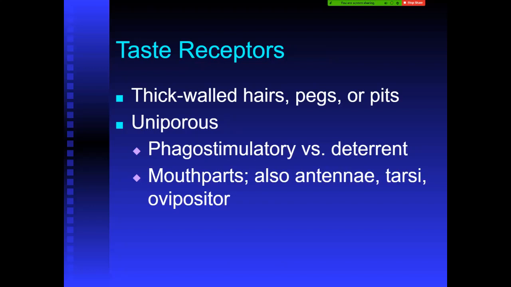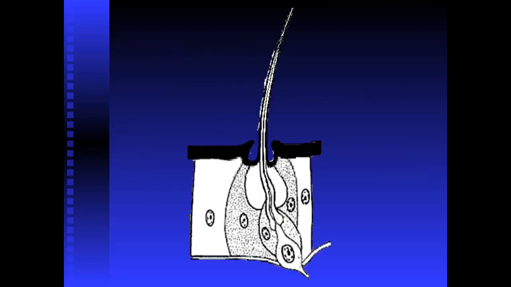Again, taste receptors are found on the antenna, the mouth parts, as well as the tarsi and the ovipositor. Remember, the tarsi are found on the legs of the insect at the end of it, while the ovipositor is at the tail end. So the tail end will have chemical stimuli that can taste the leaf or whatever they're about to lay the egg in. This is the hair cell.